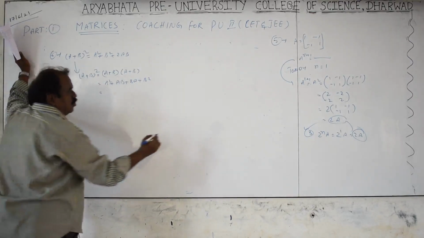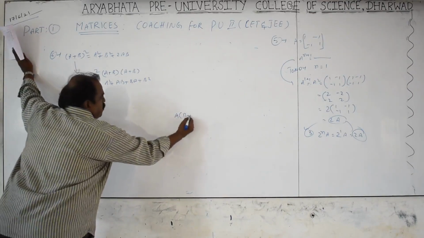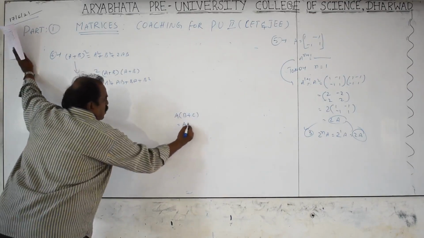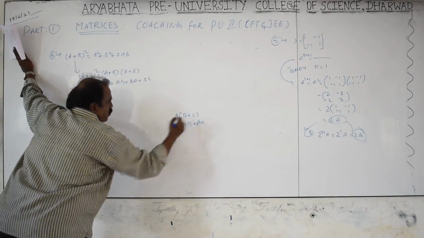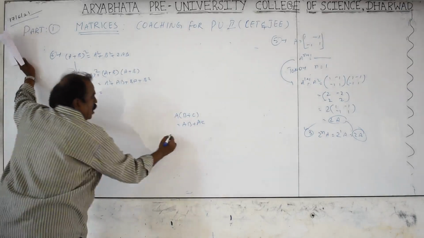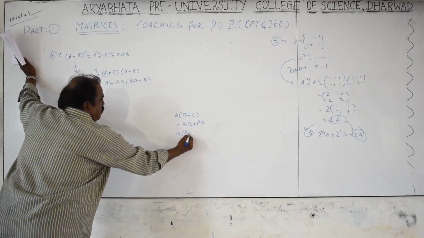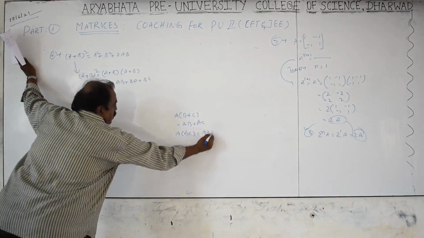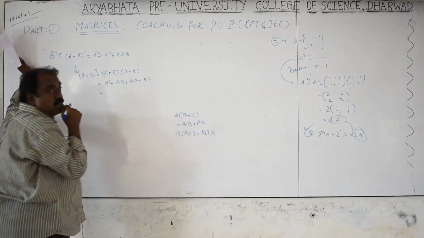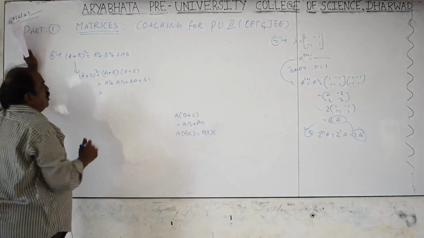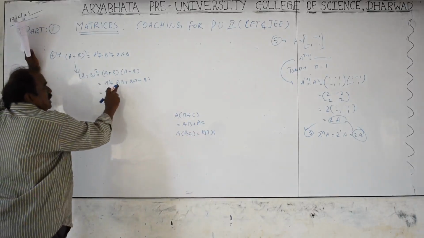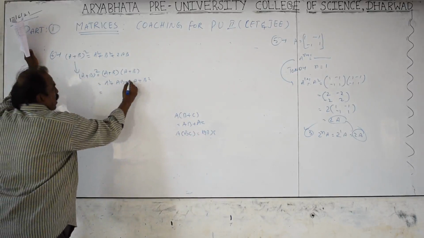Distributive law means we know that A of B plus C is equal to AB plus AC. Associative law means A of BC is nothing but AB into C. In the previous problem we used that one. But it does not follow the commutative law.